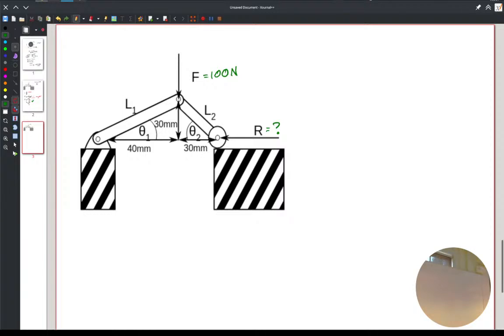And I think right now it's less than 100.